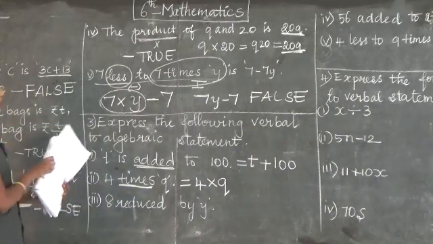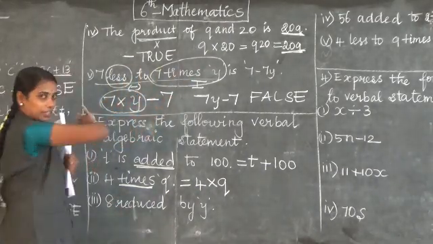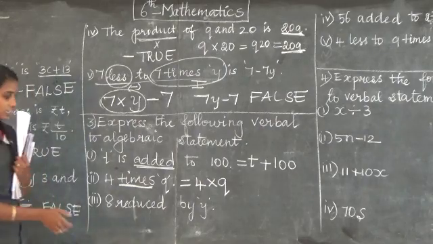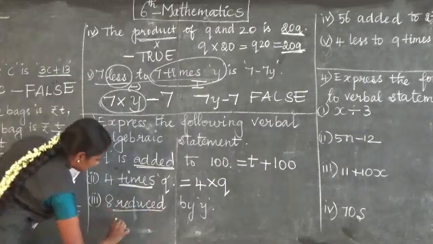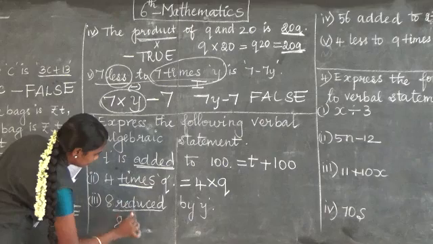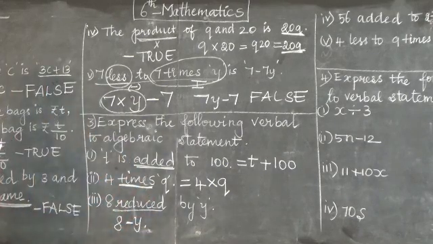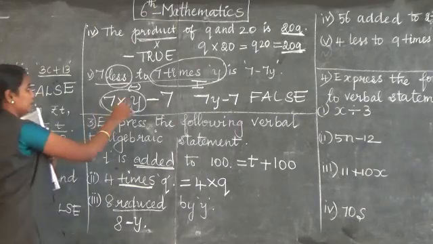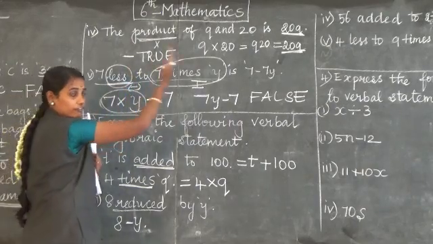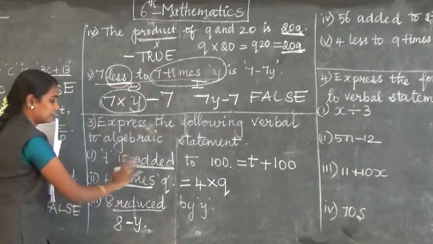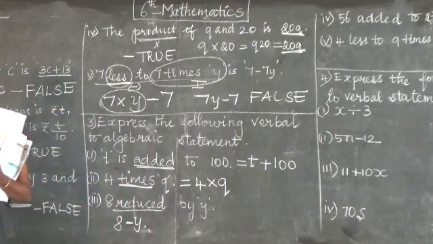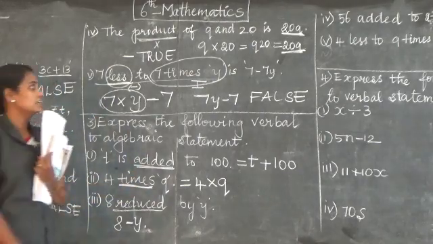If there is a word less, you will go from the back. Here only reduced, so write as it is, the 8 first, minus Y. 8 minus Y. Okay, clear everyone? When less comes only, we go from the back. Other words come, we will write as it is and mention the minus.